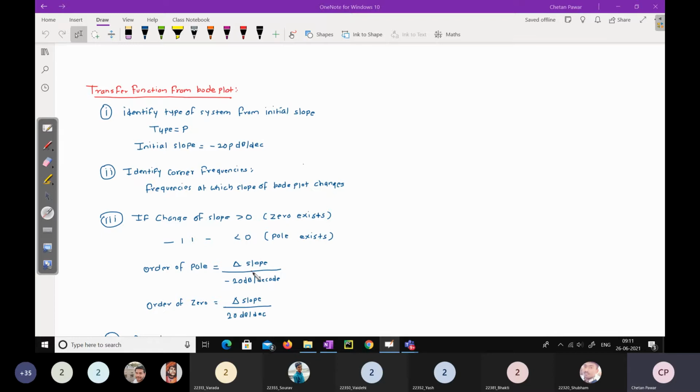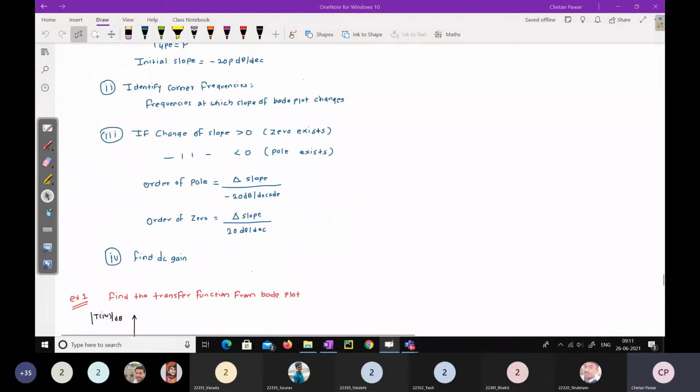For example, if the change of slope is minus 40 dB per decade and you divide that by minus 20 dB per decade, you get 2. So the order of the pole at that corner frequency is equal to 2. Similarly, for a zero, we divide the change in slope by plus 20 dB per decade.